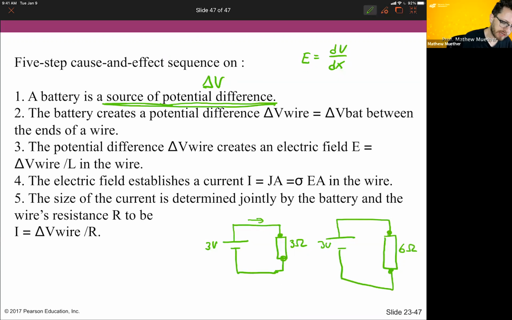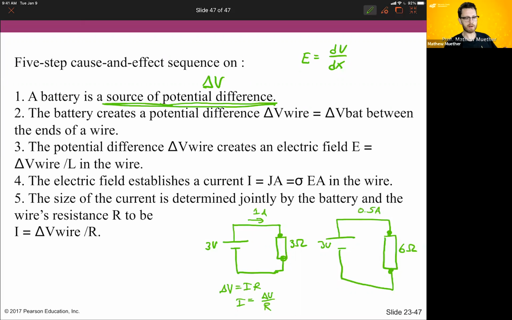In this case, we know that V is equal to IR. So the current is equal to the ratio of the potential difference across the resistor. So I'm going to have 1 amp of current flowing through this one, and a 1/2 amp of current flowing through this one.